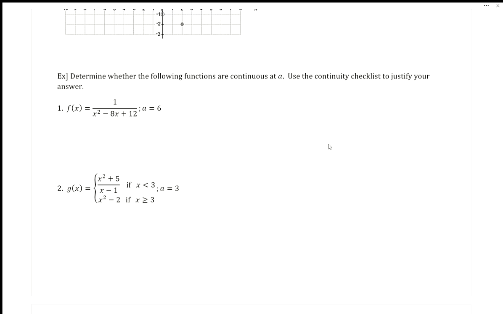All right, so our checklist is first to see what is f of A. In this problem, A is 6, so it's really f of 6. That means I'm going to change those x's into 6. So we would have 1 over 6 squared minus 8 times 6 plus 12.